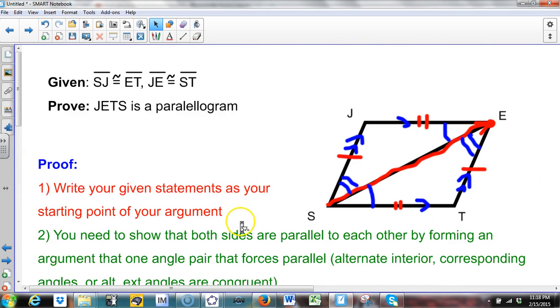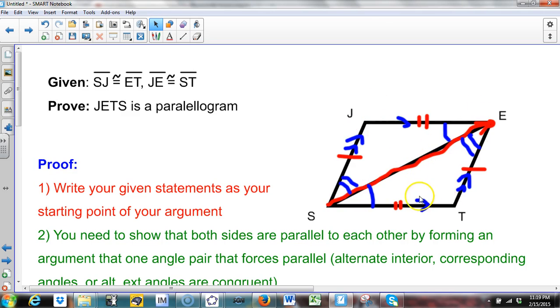Okay, so what I would do again when you're going to write this proof, you start with your given information. You're going to first prove that these two triangles, like triangle JES and triangle TSE, right, are congruent to each other.